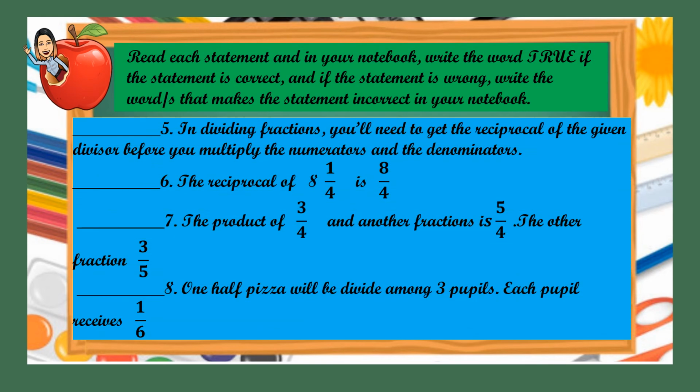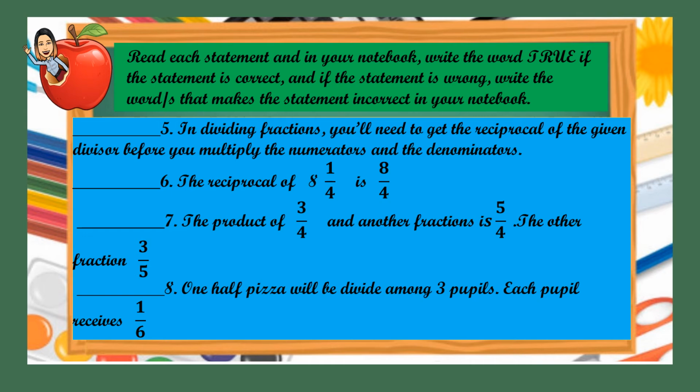Number 5. In dividing fractions, you'll need to get the reciprocal of the given divisor before you multiply the numerators and the denominators. Number 6. The reciprocal of 8 and 1/4 is 8/4. Number 7.